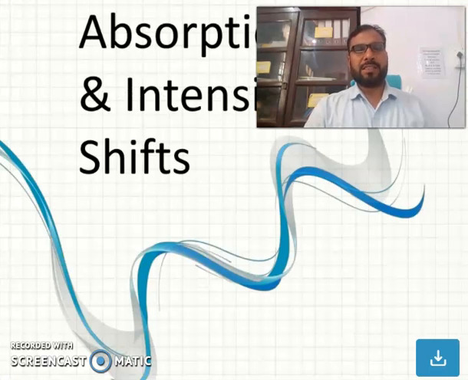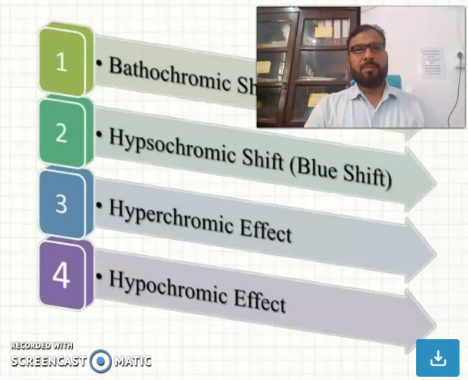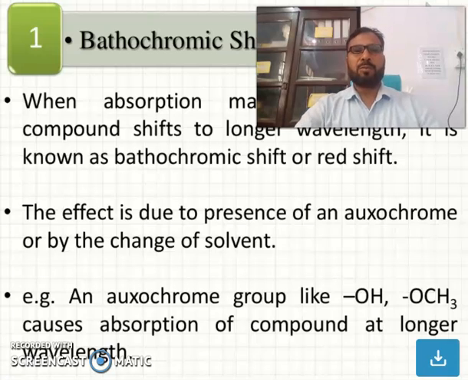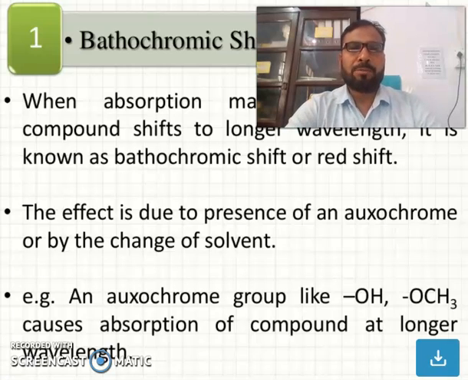Now absorption and intensity shifts: bathochromic shift, red shift, hypsochromic shift, blue shift, hyperchromic effect and hypochromic effect. What is the bathochromic shift? You know, when the absorption maximum lambda max of a compound shifts to longer wavelength, it is known as bathochromic shift or red shift. The effect is due to the presence of an auxochrome or by the change of solvent.